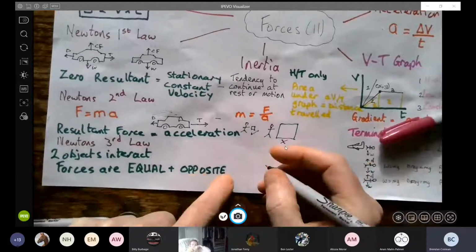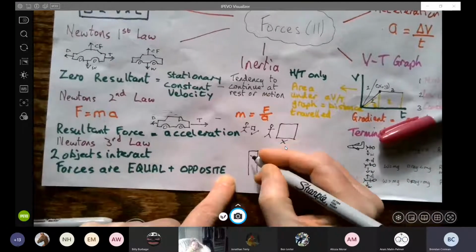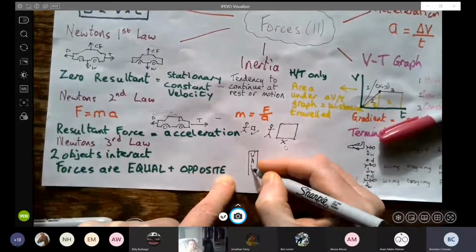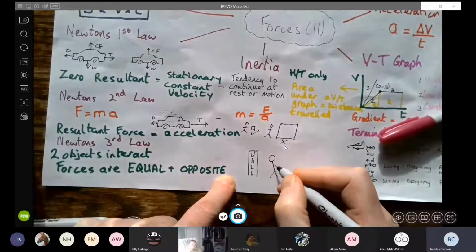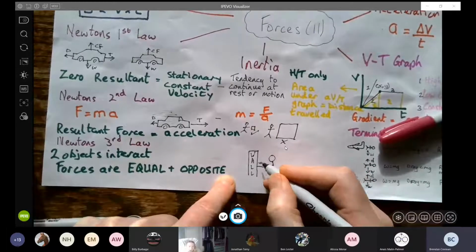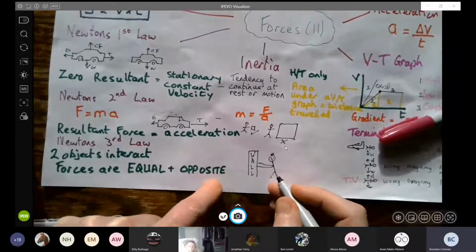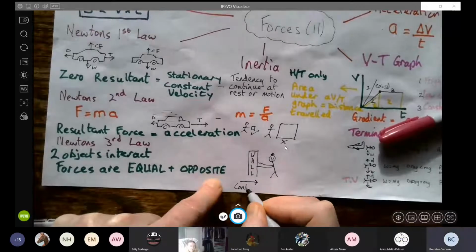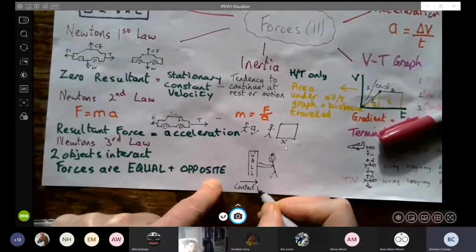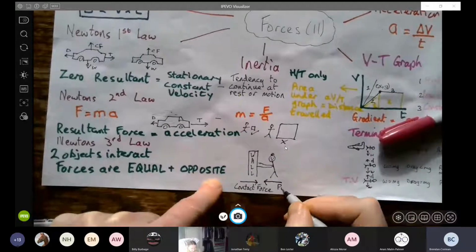And in terms of Newton's third law, to put it in an example, this is a wall, and you have somebody pushing against the wall with very long arms. What you've got is the contact force this way, which will exactly equal the pushing force that way.